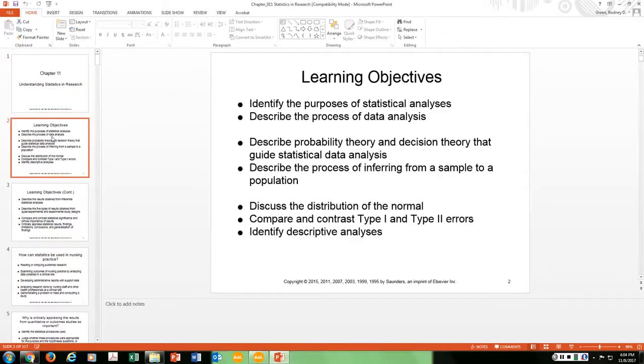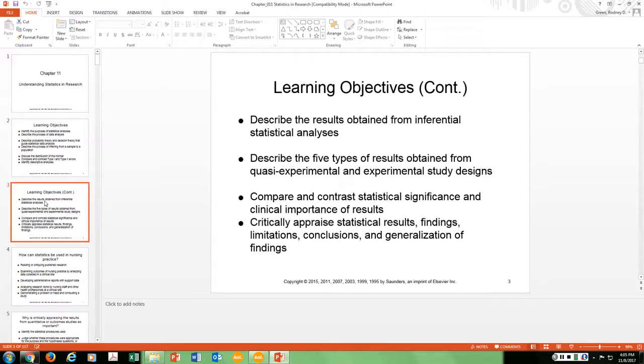Here are our objectives. Identify the purposes of statistical analyses, describe the process of data analysis, describe probability theory and decision theory that guide statistical data analysis, describe the process of inferring from a sample to a larger population, discuss the distribution of the normal curve, compare and contrast type 1 and type 2 errors, identify descriptive analyses.